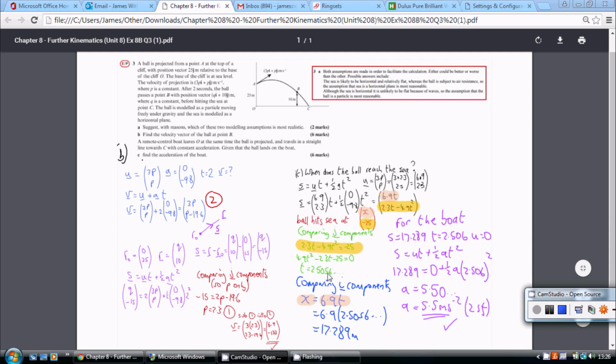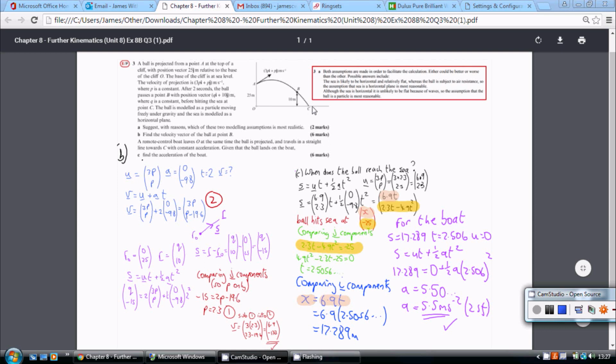Now substituting that back into the i components, we can therefore see that the x component of the displacement, the amount along the corridor, is 17.289 meters. Now, turning our attention to the boat, which is just busily minding its own business going along the x-axis from naught to c, we know the ball hits the boat.